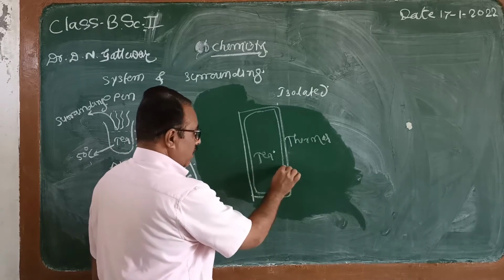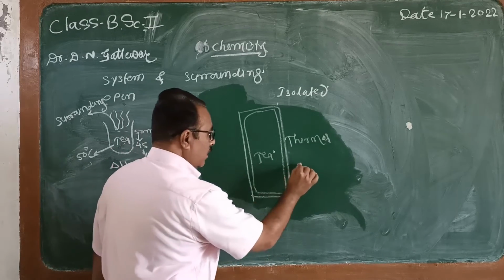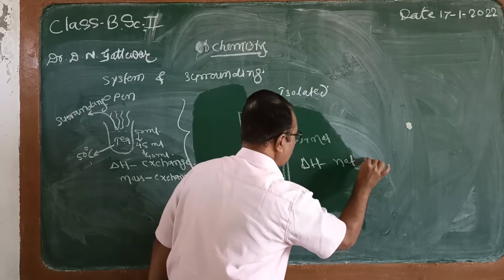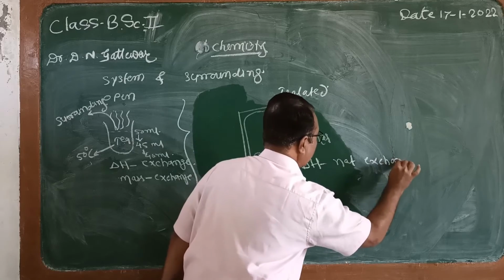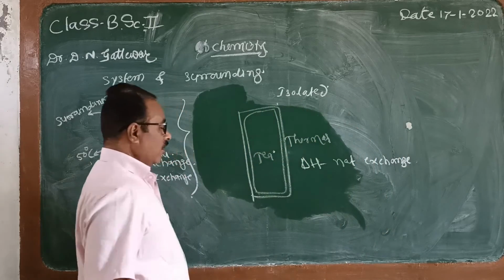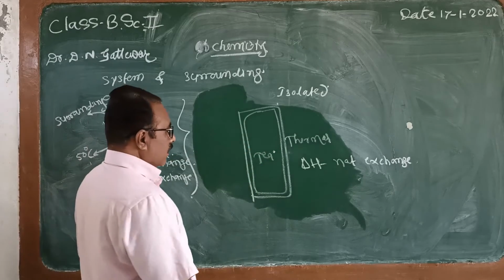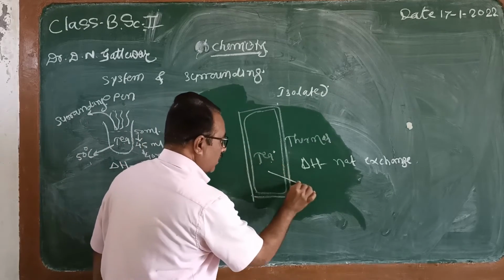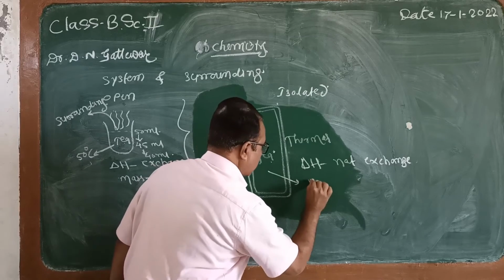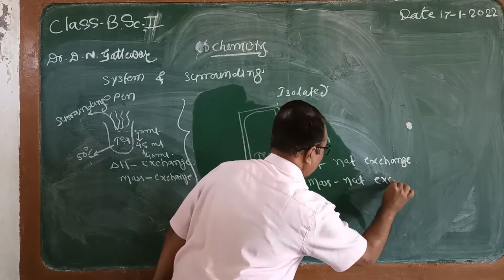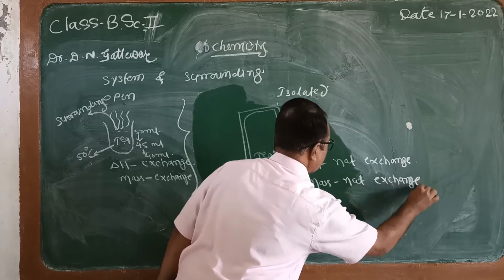Then due to the coating here, the heat energy will not be exchanged with the surroundings, because it is totally covered here. And the tea itself, that is the matter, you can say the mass, is also not exchanged with the surroundings.